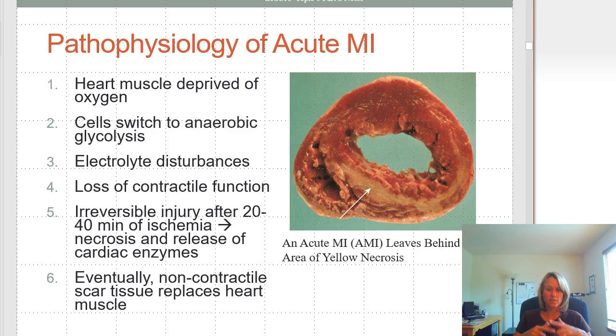That leads to necrosis and the release of cardiac enzymes. Over time, that necrotic tissue gets replaced with scar tissue if the patient survives, which is non-contractile and is not able to contribute to the pumping efficiency of the heart.